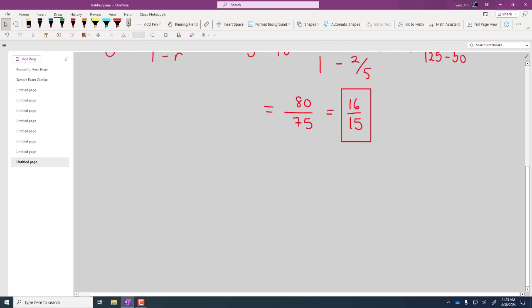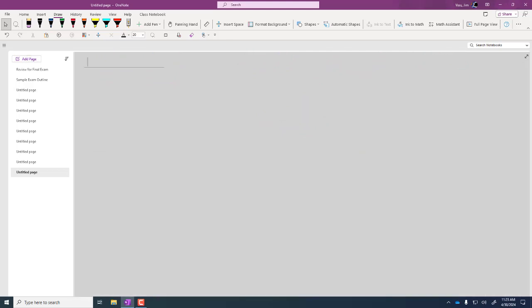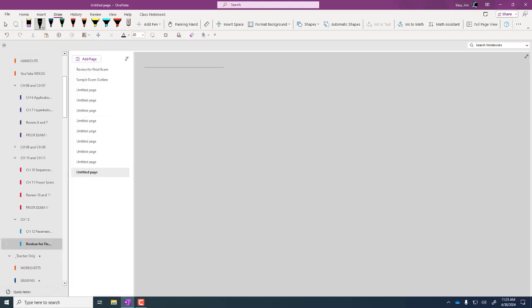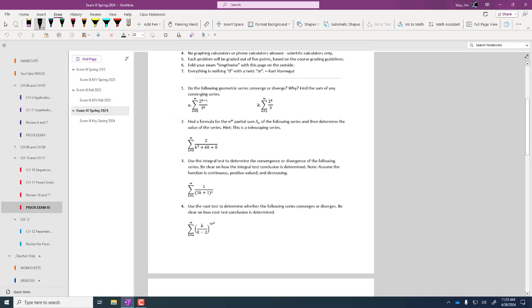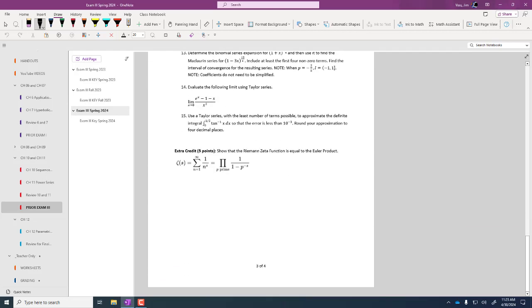Which is not helpful. Okay, and we wanted to do power series, so let's see, we want to do an interval of convergence. Let's take a look at Number 12 on the last test.